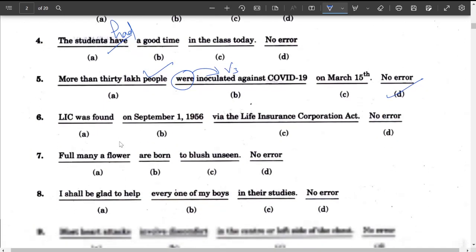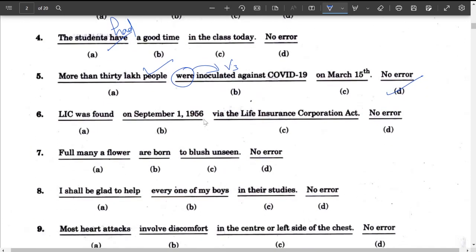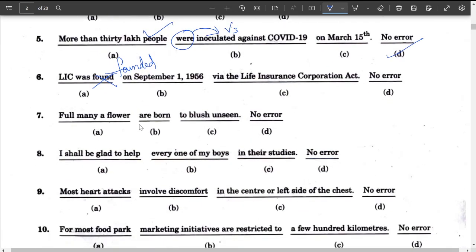Next, LIC was found on September 1, 1956, via the Life Insurance Corporation Act. Look at this. Found, in the sense that you lose something and you find something. We are referring to an establishment. Establishment is founded, not found.